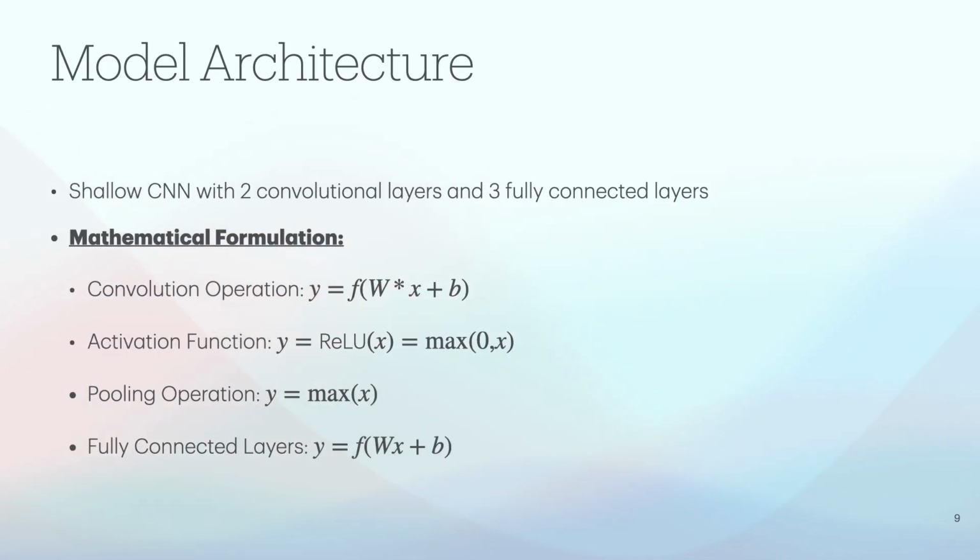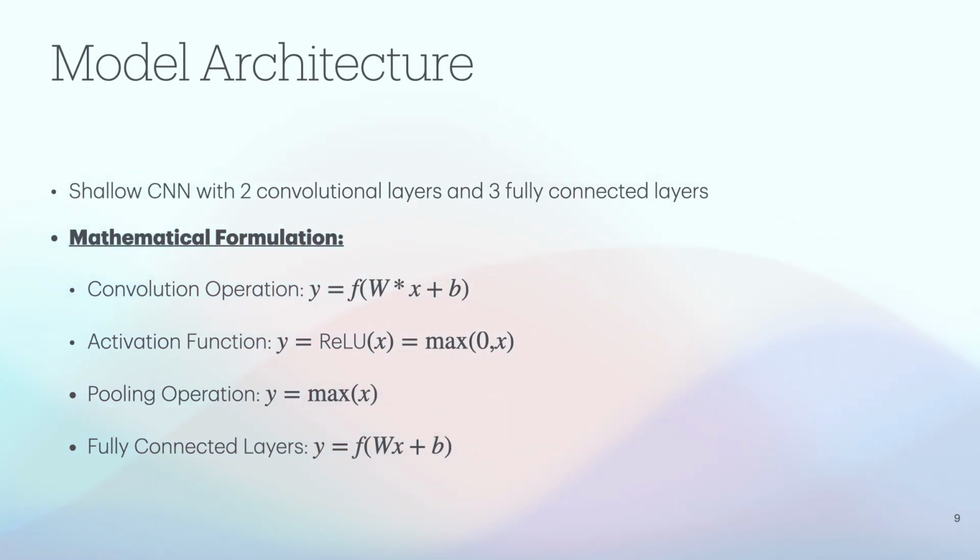So moving on to the model architecture, this is a shallow network with two convolution layers and three fully connected layers. Let's just get into the mathematical formulation.